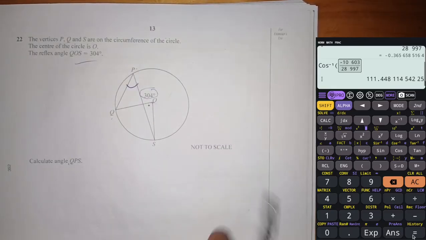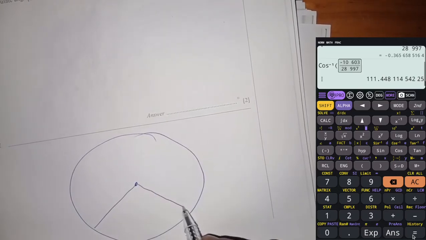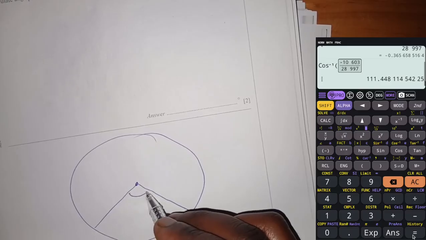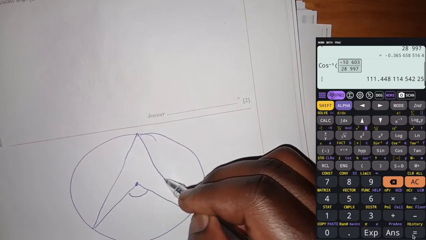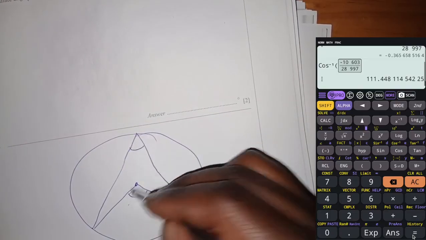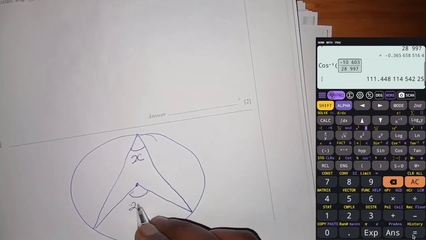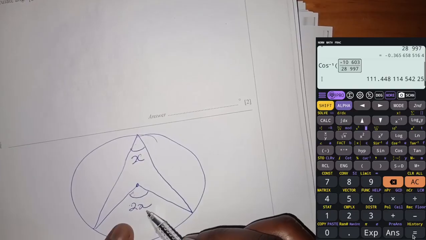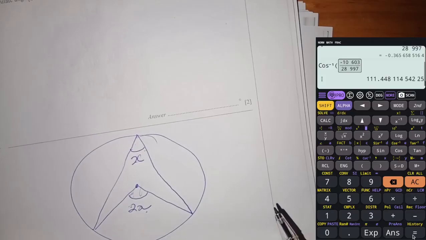Just a reminder, this is the center, and this is the angle at the center. Now it's obtaining an angle at the circumference. What's the relationship between these two angles? If this angle is x, this angle is 2x. So the angle at the center is always 2 times the angle at the circumference.